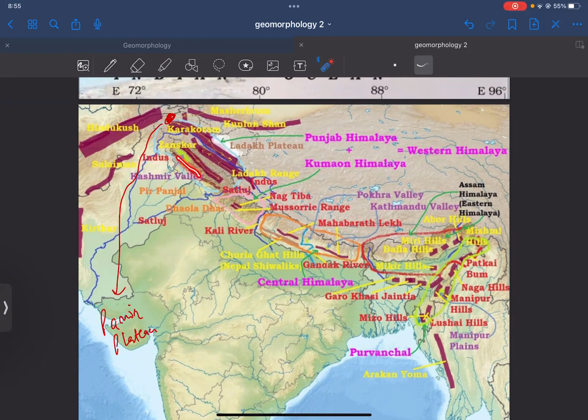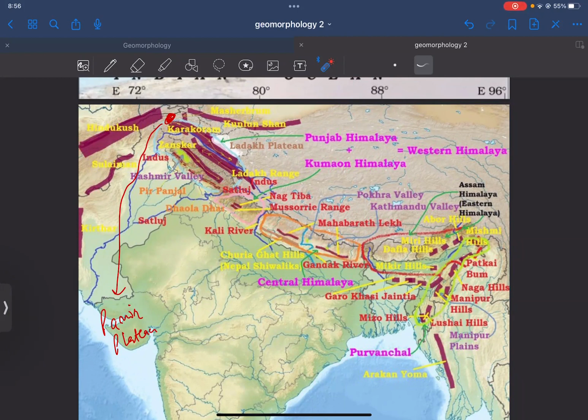In continuity of Pir Panjal, in Himachal we have the same mountains, the middle Himalayas, Dhauladhar. In continuity, we have Nag Tibba and the Mussoorie range. This is a region where you all want to go and will definitely go, the Mussoorie range. In continuity, again in Nepal we have the middle Himalayas, Mahabharat Lek. Then it disappears. So the middle Himalayas consist of Pir Panjal, in Himachal known as Dhauladhar, Nag Tibba, Mussoorie range, Mahabharat Lek, right?